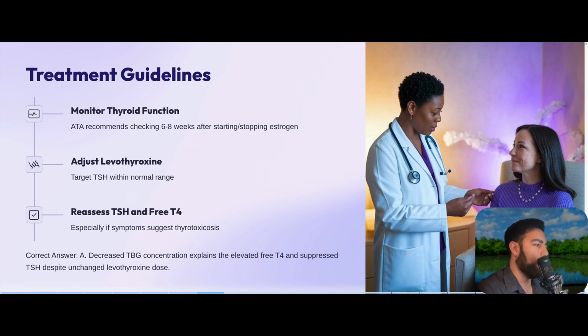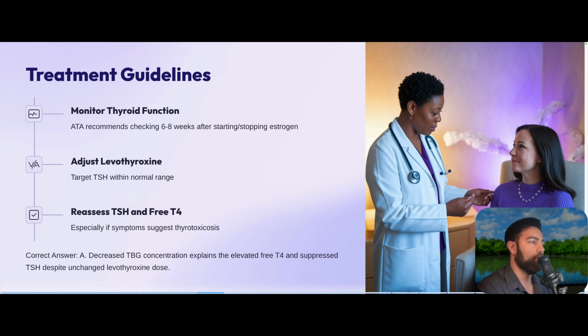So for the treatment guidelines, the American guidelines say to monitor the thyroid function 6 to 8 weeks after starting or stopping estrogen. They want you to make sure that you repeat your thyroid studies 6 to 8 weeks after starting or stopping estrogen.